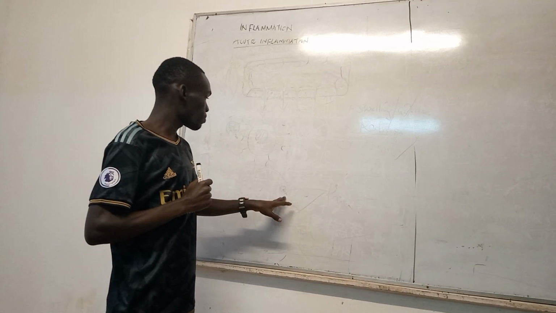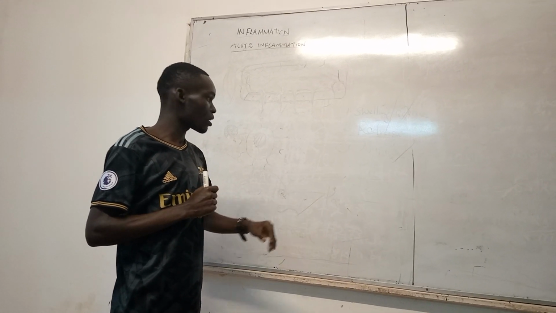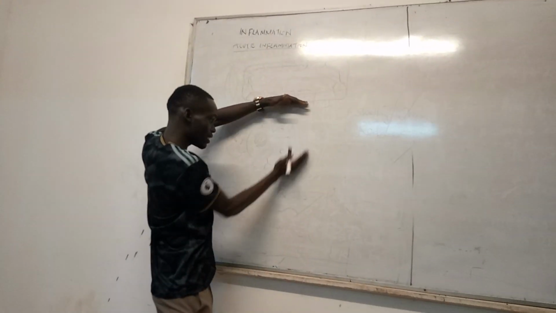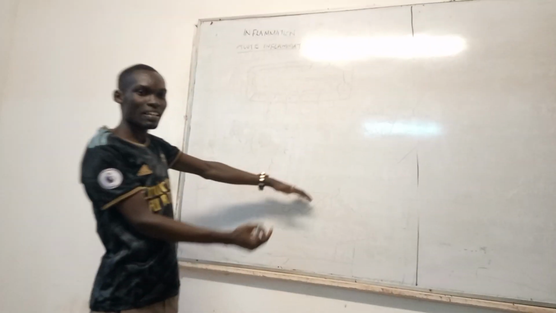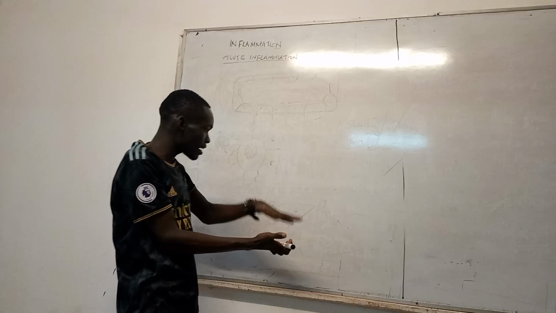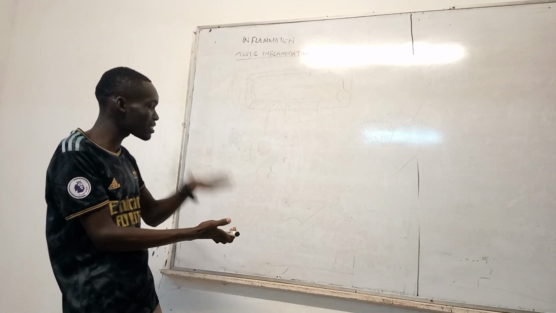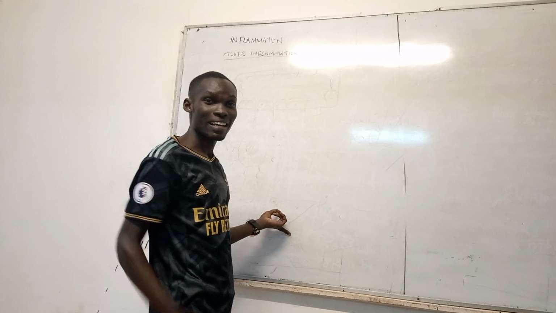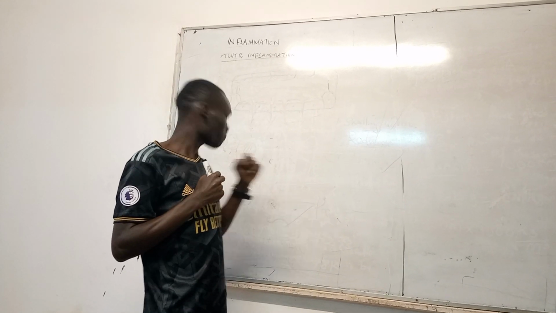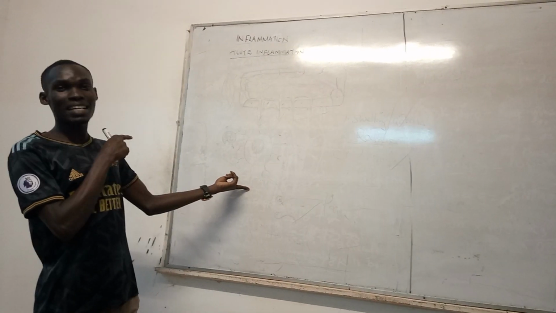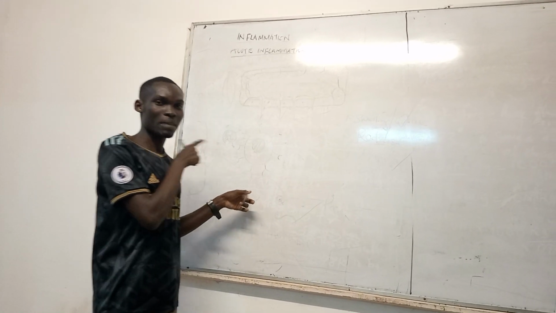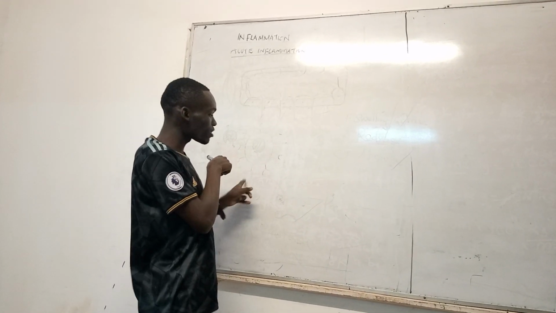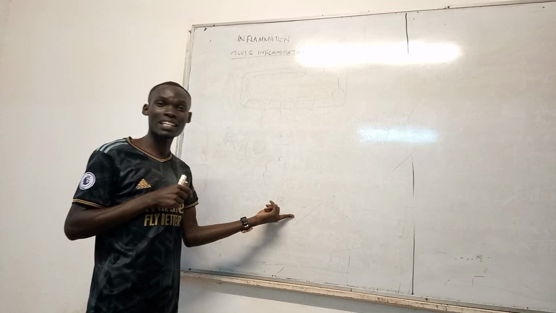We also say there are pain receptors over here. As the fluid comes out, it compresses the pain receptors. When they get compressed, they get stimulated, and the net effect is pain. There are also bradykinins, which have a tendency of activating pain receptors.